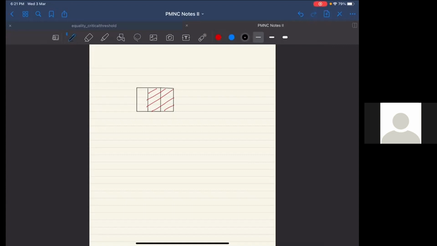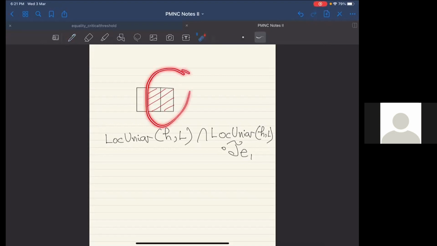So I have local uniqueness HL for the left one, intersected with local uniqueness HL also, but now for the translated version. So this means basically I'm translating the event, the same event for this box.